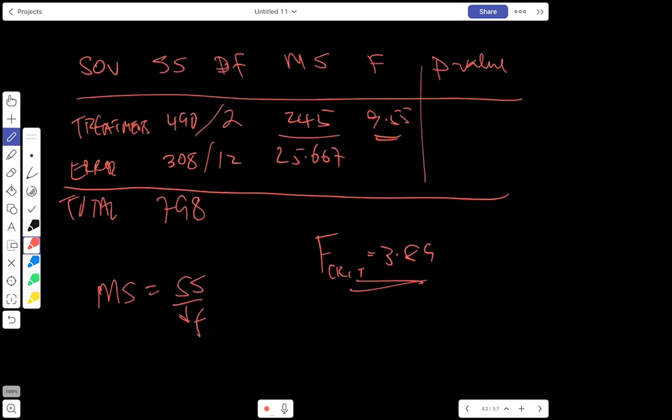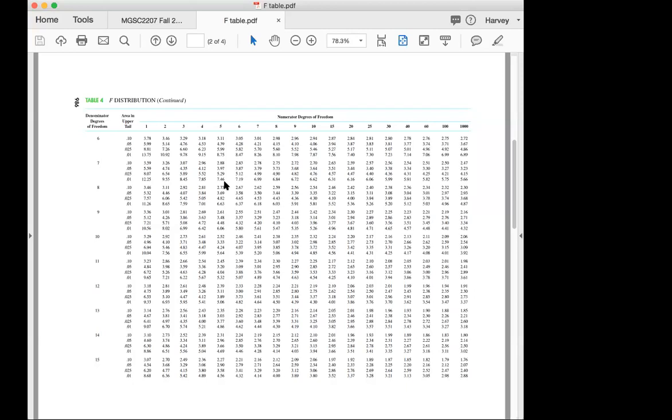And so, how do I find the p-value in this case? Well, I know my degrees of freedom are 2 and 12, and I'm going to have to look for 9.55. So let's take a look at how we would find the p-value. I'm back to the table.